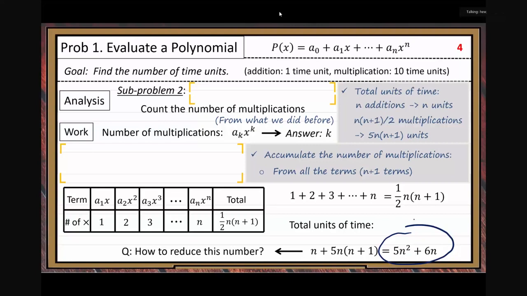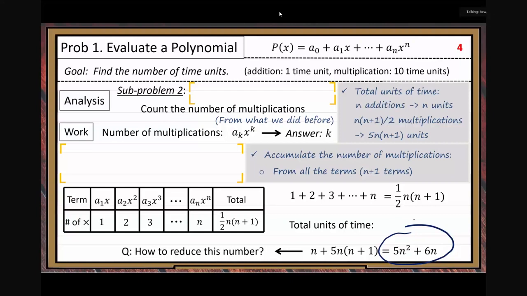The next question: how to reduce this number? Our goal is to improve our algorithm. Every time after we find a solution, we want to think about whether it is possible to improve this algorithm. Is it possible to get a better algorithm?